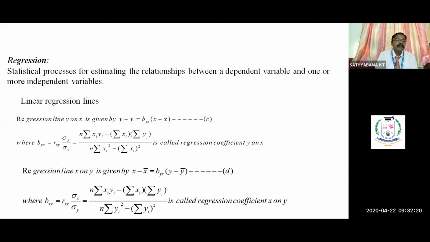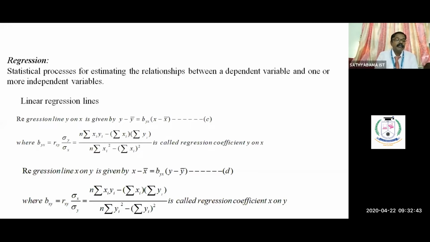So for the continuous case, the summation will be replaced by the integration. Once again, we recall regression line y on x, I am talking about equation C. Y on x means y of x. X is the independent variable, y is the dependent variable.